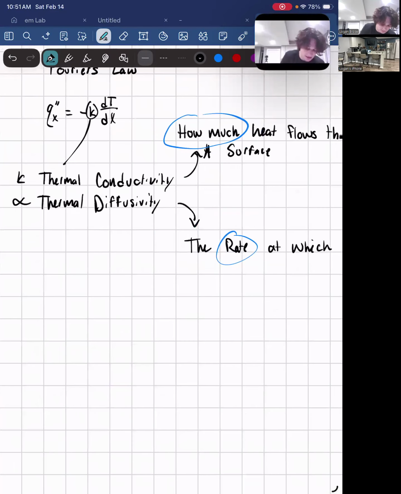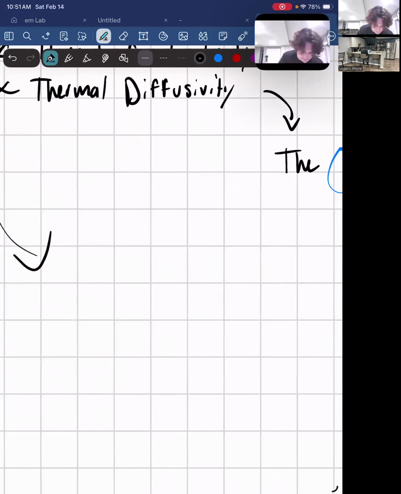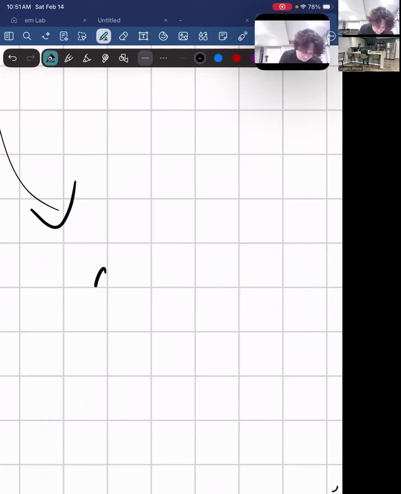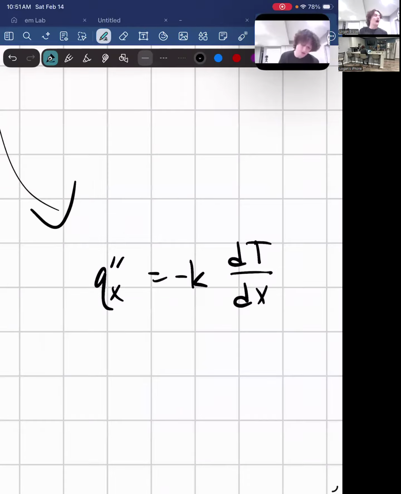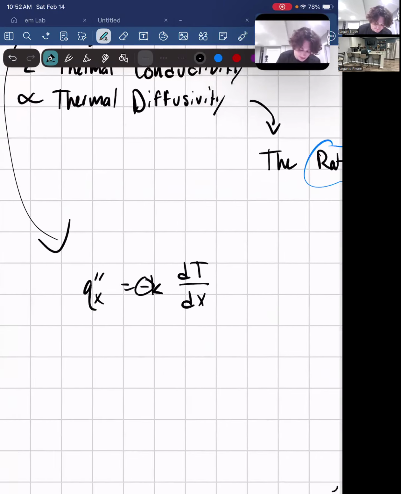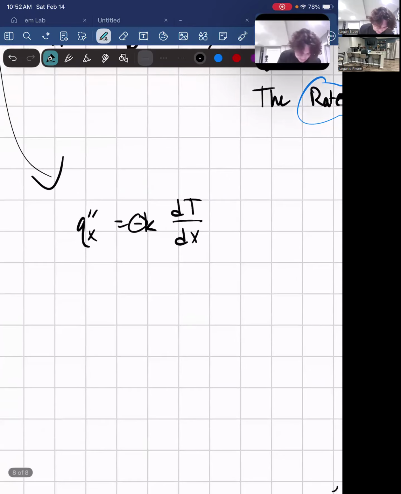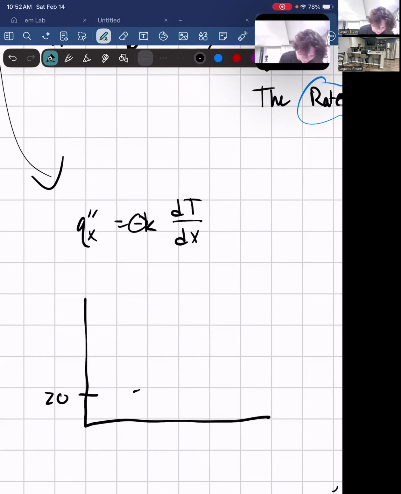So now I'll dive a little bit deeper into this. Heat equals negative K dT/dx. So why is thermal conductivity negative? If we look at a graph here, we have a temperature at 20 and a temperature at 100 degrees Celsius. This is temperature, this is our position.